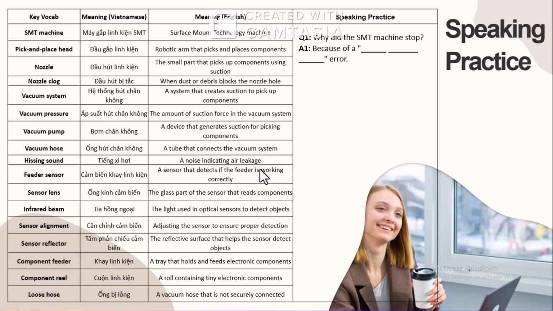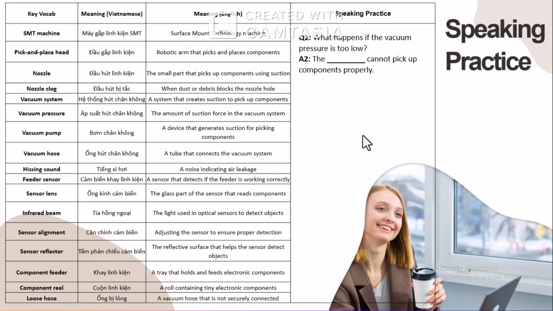Now let's start. Why did the SMT machine stop? Because of a vacuum pressure low error. What happens if the vacuum pressure is too low? The pick and place head cannot pick up components properly.